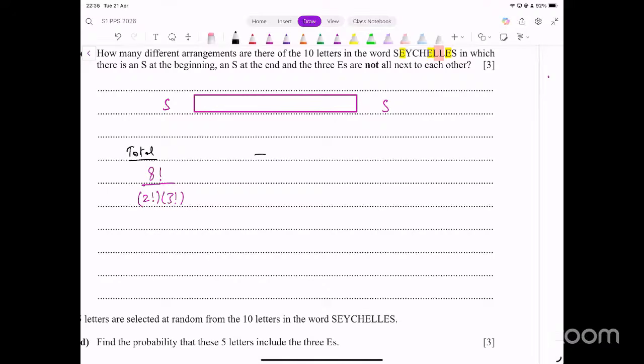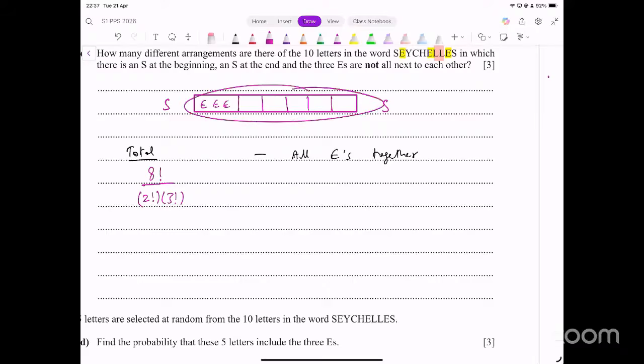Subtract from this the arrangements in which all E's are together. What would that be? You put the E's in one single box. E, E, E. How many remaining boxes would you have left? There were 8 initially. You have 5 others. So in total, it becomes 6 boxes.